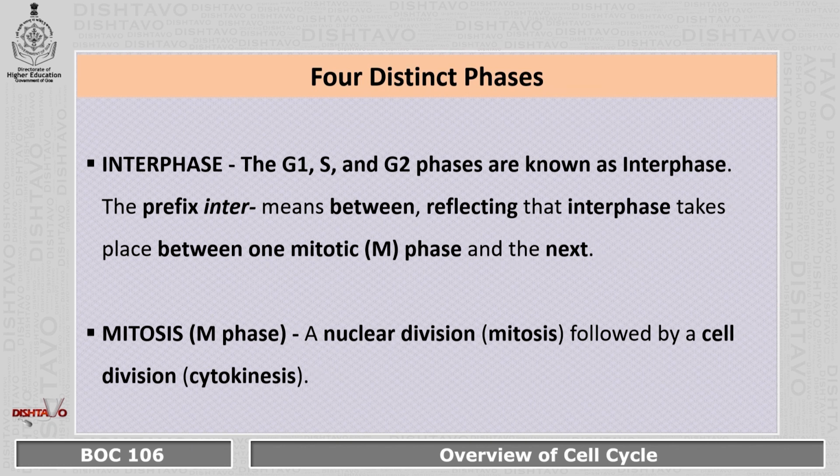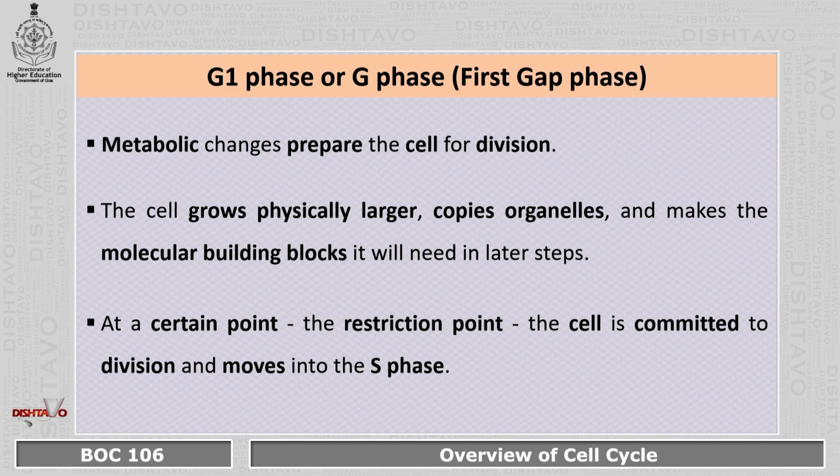The prefix inter means between, reflecting that interphase takes place between one mitotic M phase and the next. Mitosis, the M phase, is a nuclear division phase, hence it is called mitosis, followed by cell division called cytokinesis.